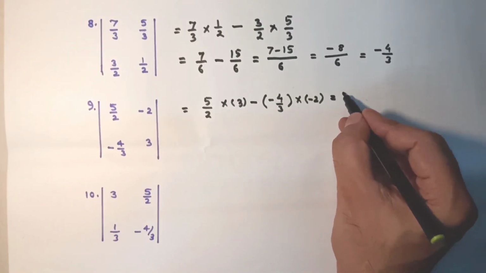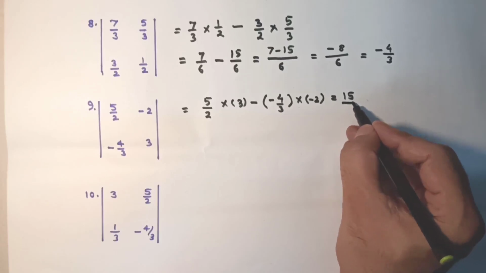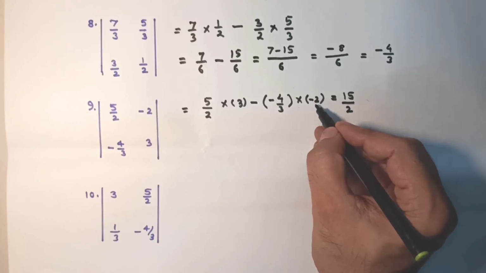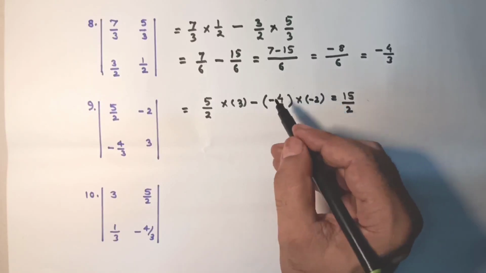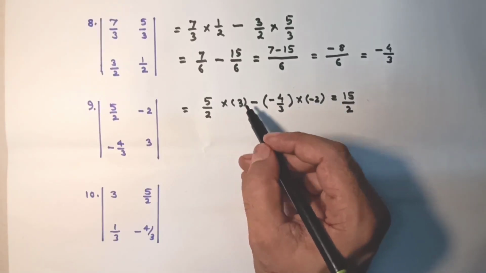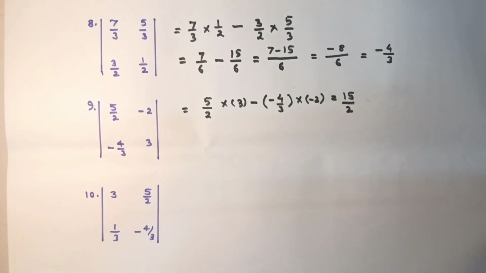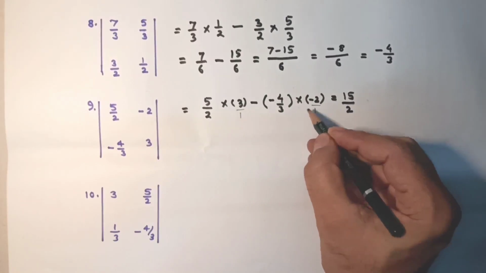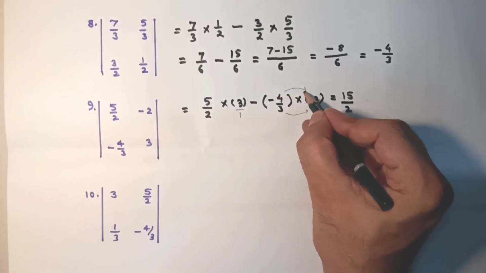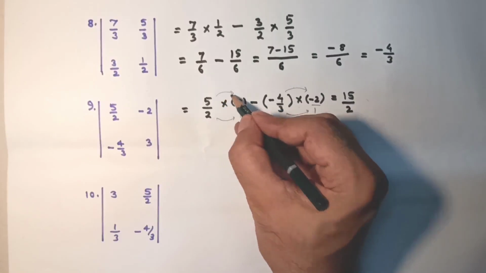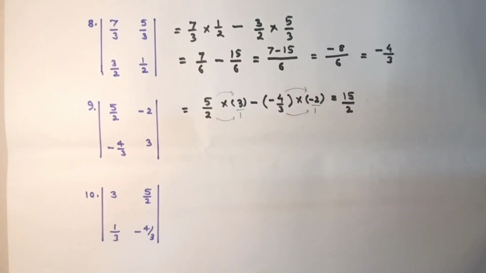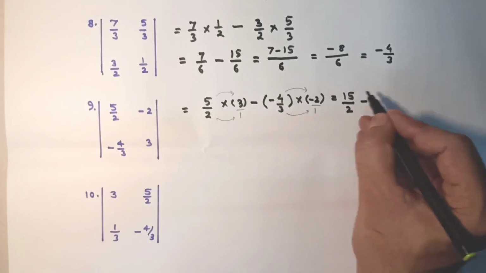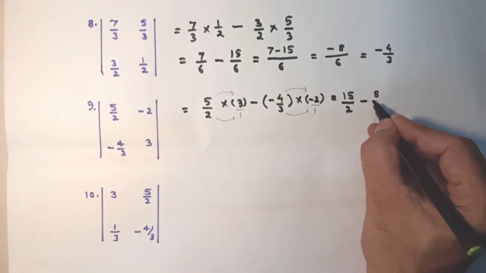So answer is 15 upon 2, because 3 is nothing but 3 upon 1, and minus 2 is nothing but minus 2 upon 1. So 2 will be multiplied by 1, this 1, and this one. This goes with this and this goes with this. Minus sign, again minus minus plus, so 8 upon 3.